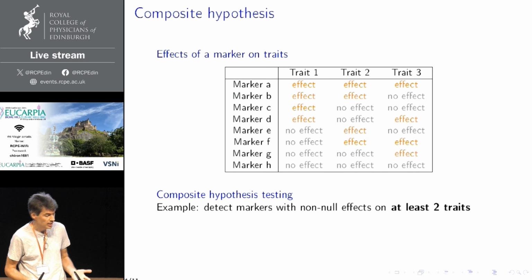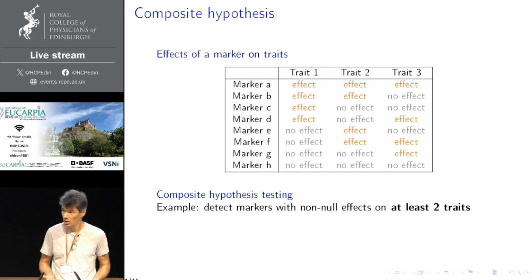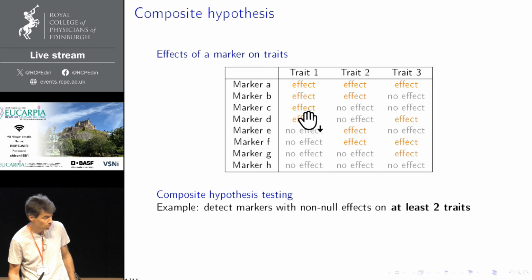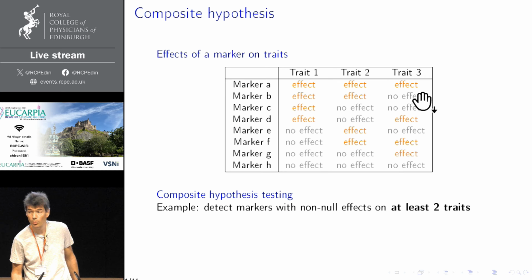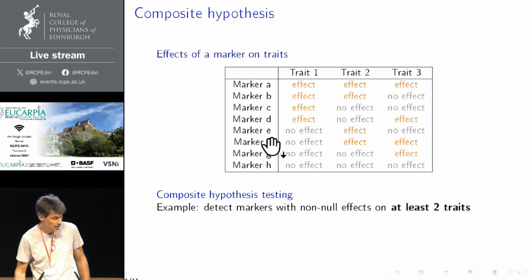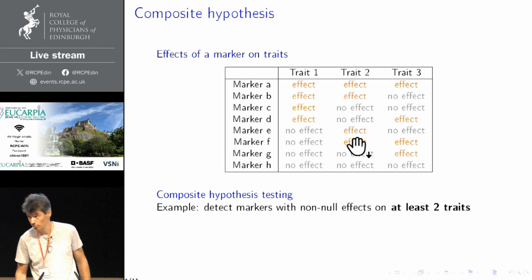So we want to detect markers that have nominal effects on at least 2 traits. So if you scan the list of configurations, you can see that, for instance, marker A is perfectly eligible because it has effect on all of the 3 traits, right? But if you look at marker E, you can see that this one is not an eligible marker because it has only 1 effect, on trait 2.